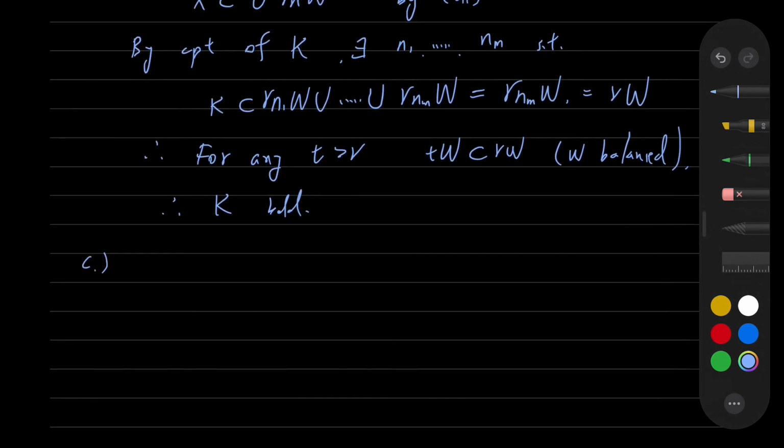Part C, we have a positive sequence delta_n that decreases to 0, and V is now a neighborhood that is also bounded. Then the family delta_n V forms a local base.